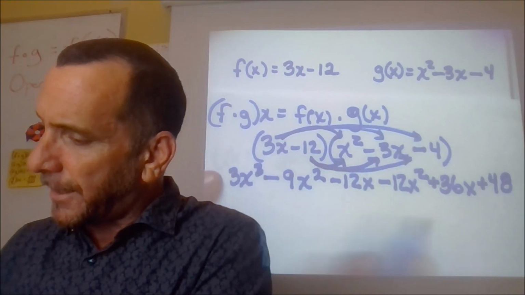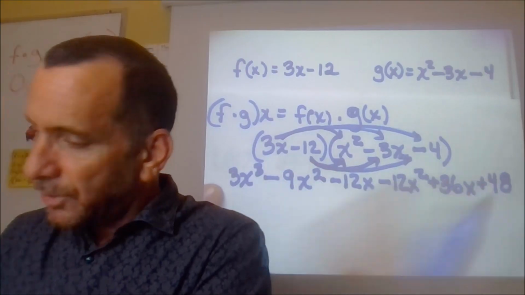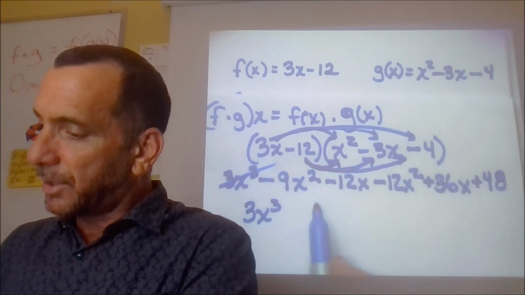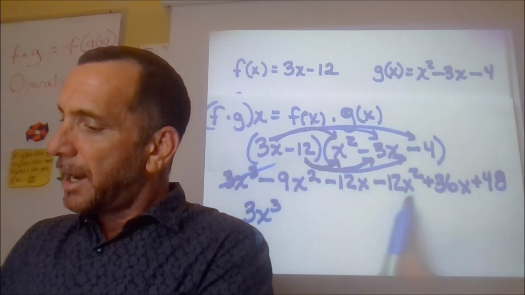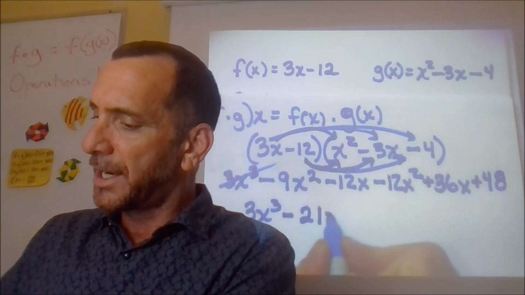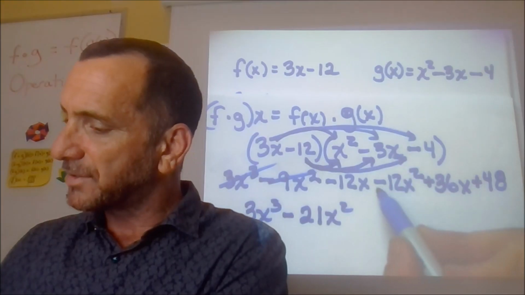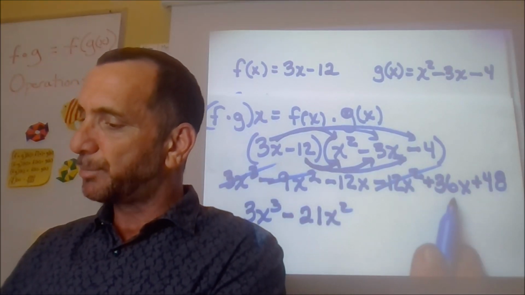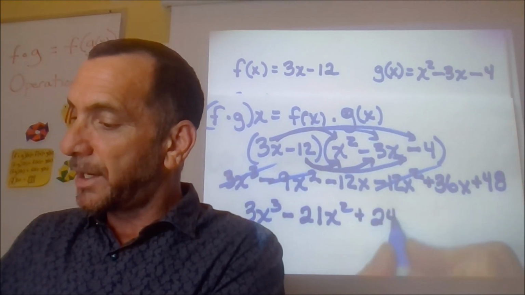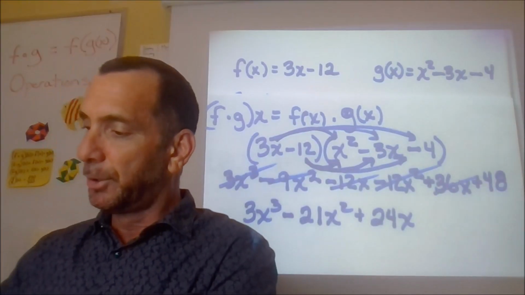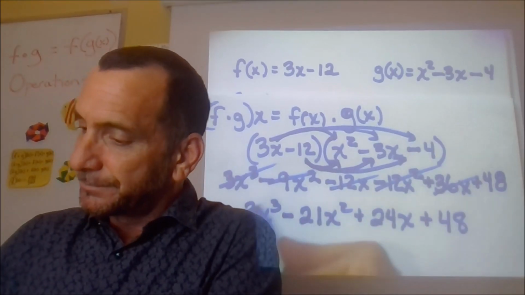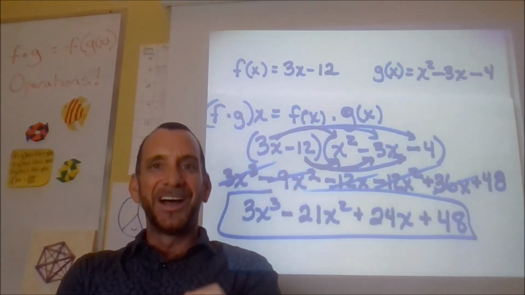I'm just going to say, okay, 3x cubed, only one of them, 3x cubed, done. Okay, negative 9x squared minus 12x squared is a negative 21x squared. Done with the x squareds. Negative 12x plus 36x. Oh, that gives me a plus 24x. Boom, boom, and a plus 48. Done.